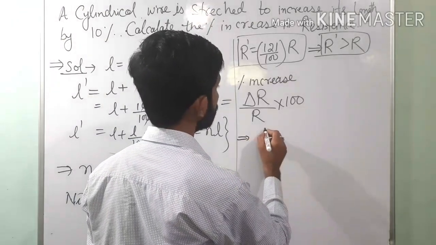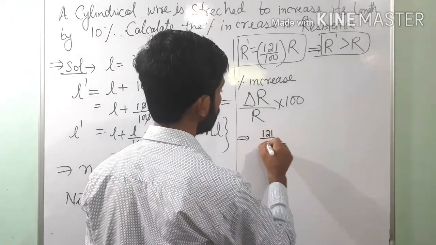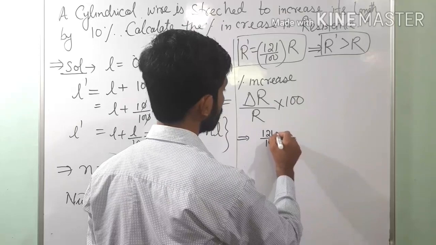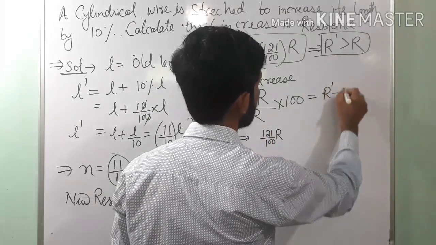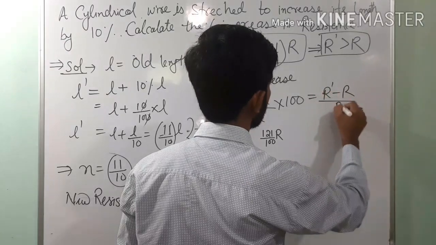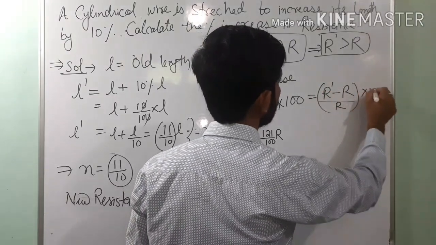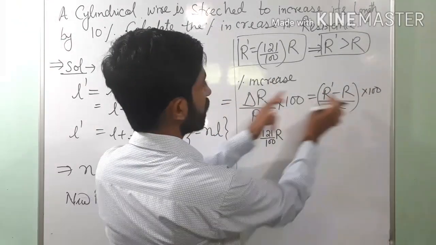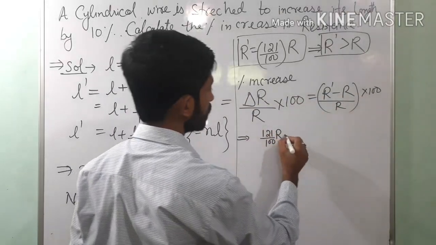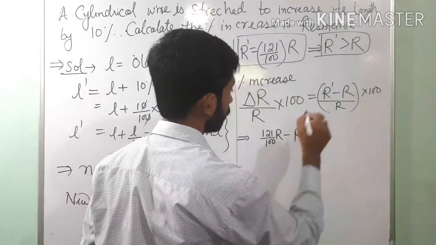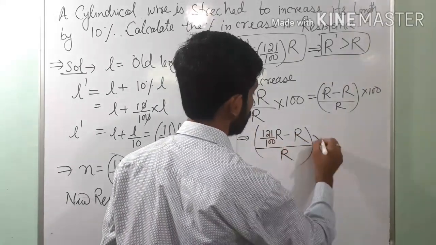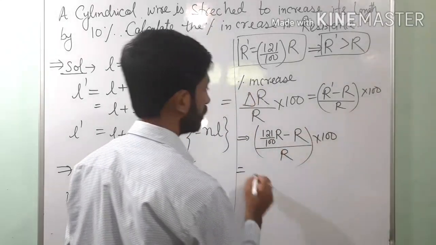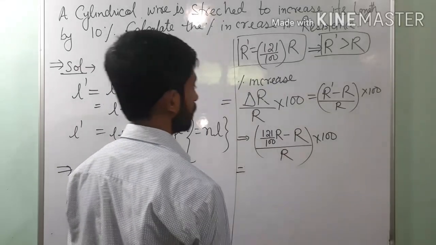So finally it is 121 over 100 of R. This is R dash minus R over R into 100. So this is final resistance minus initial resistance over R into 100.